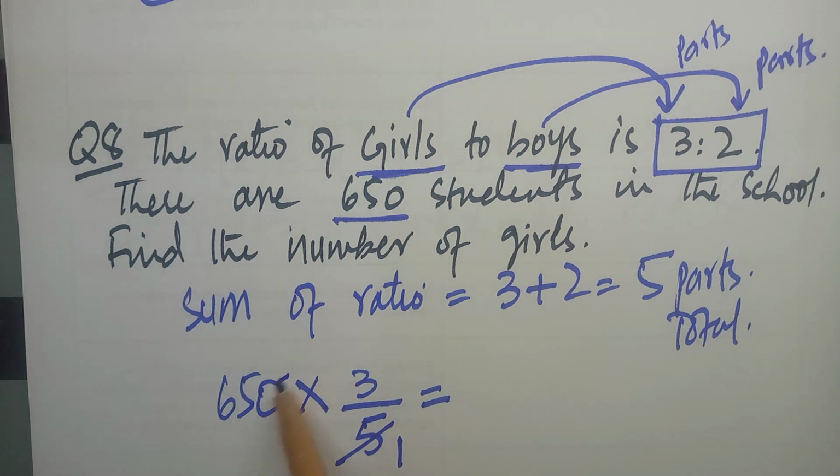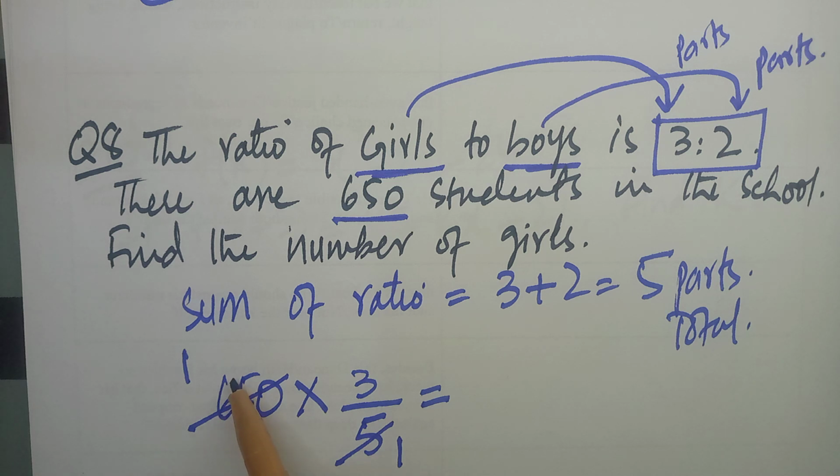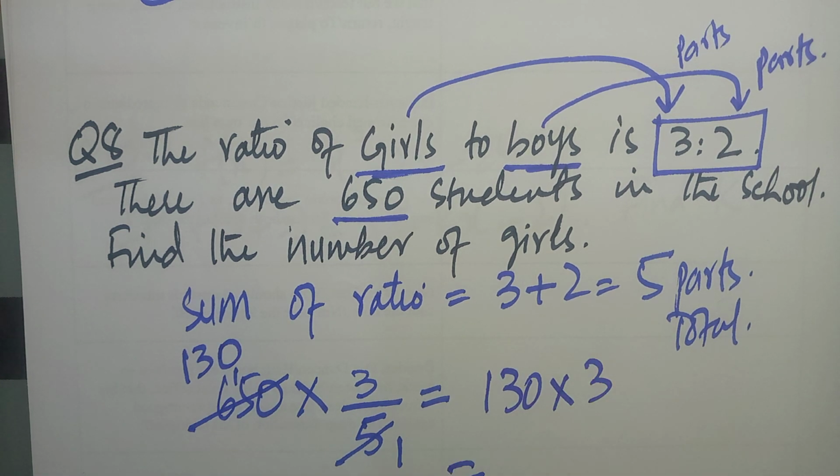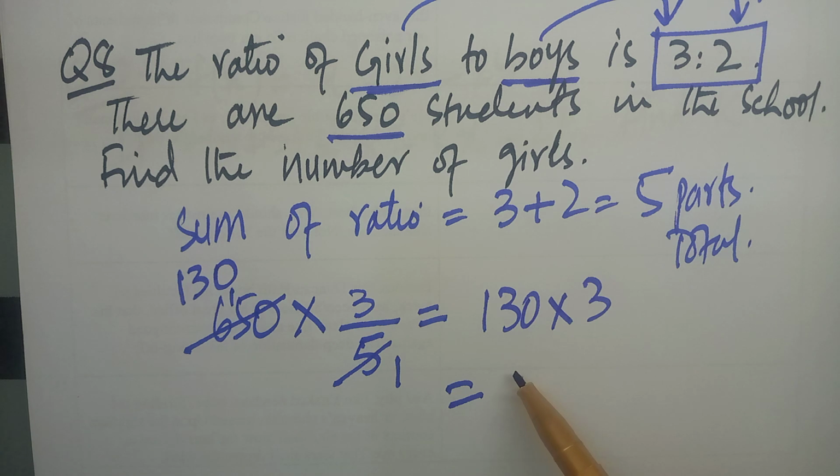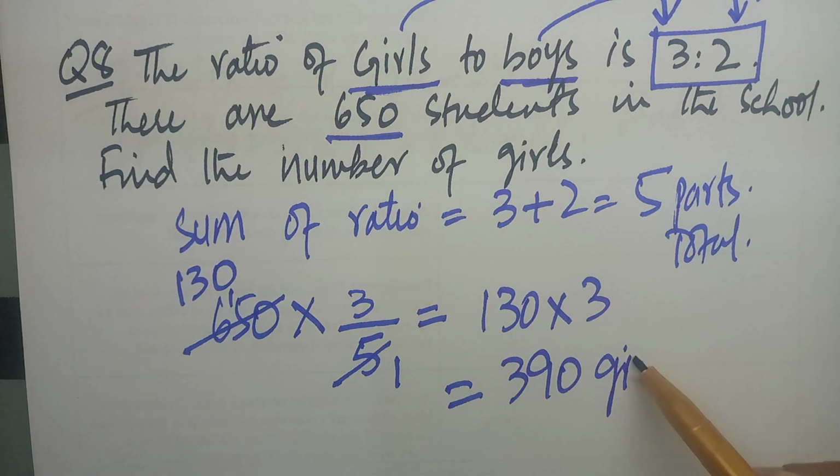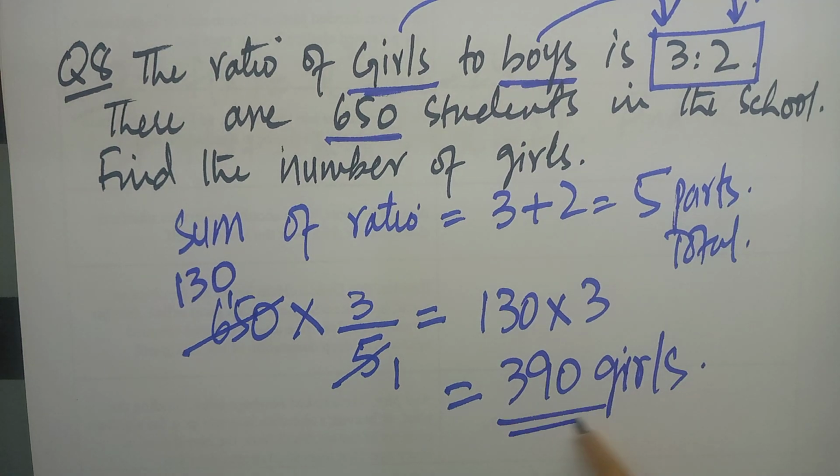So first of all you need to simplify it. 5 times 1 is 5, 5 times 3 is 15, and we just need to multiply 130 by 3 to get the number of girls, which equals 390 girls in the school.